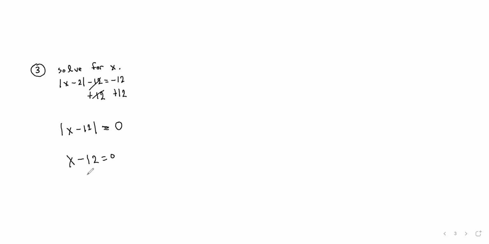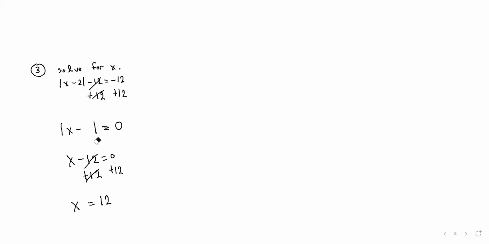And so we add 12 to both sides. The minus 12 and positive 12 cancel. And so we just have x on the left. And on the right, we have 0 plus 12, that's 12. I'm sorry, my mistake.